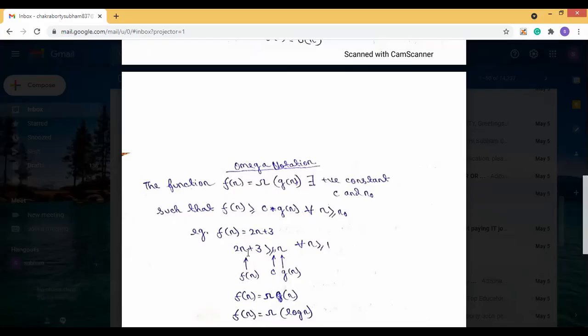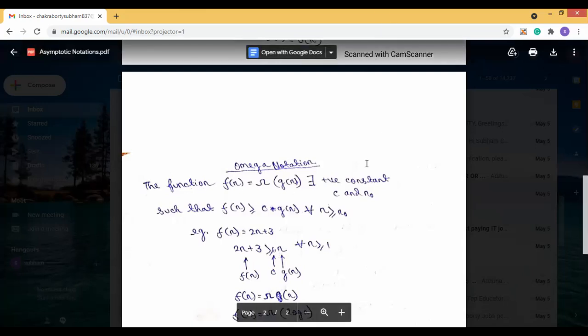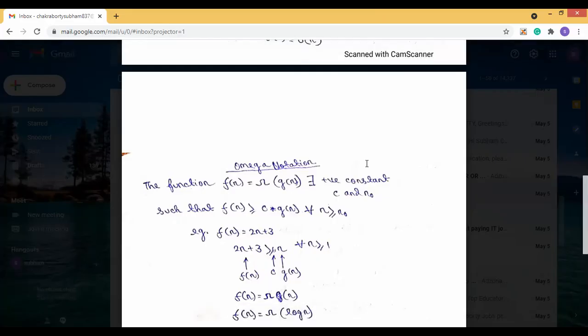So for 2n plus 3, we omit the coefficient and the constant and only put n in g(n). This is the simplest form for considering a g(n).